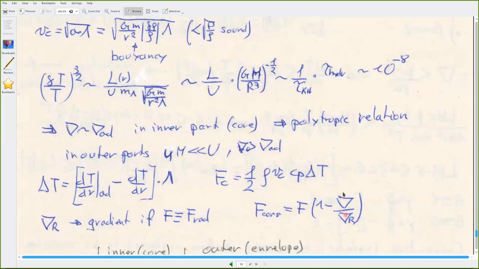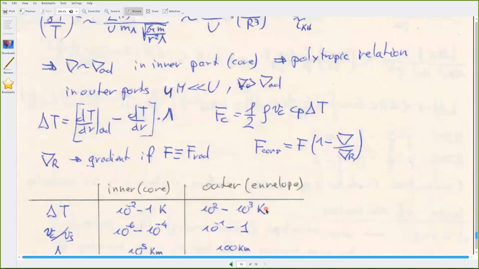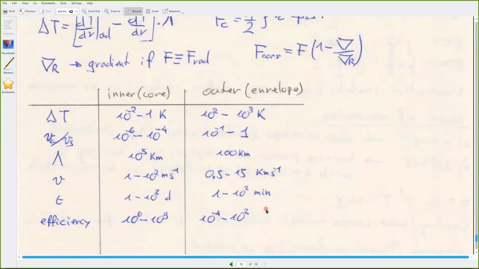So the stronger this difference between the actual gradient in the system and the gradient supposing there is only radiation, the higher the convection. And here we give some example values for convection in the inner part, in the core, and the outer part, in the envelope.